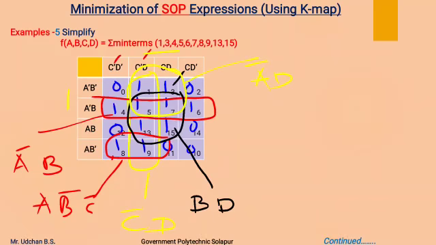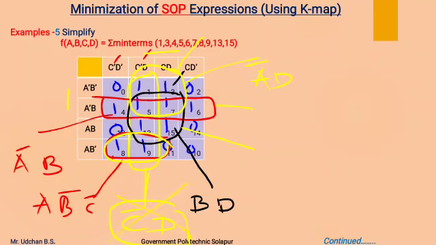now as we observe over here, this is our one quad, this is our one quad, and this is our third quad, and if we form a pair like this, then there is no need to form this quad, as this is a redundant group.